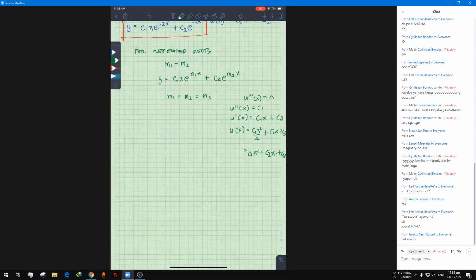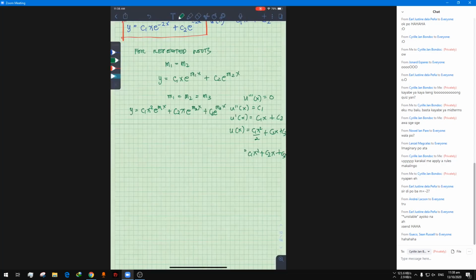So in short, magmumultiply lang tayo ng x. So C1 x squared e raised to m1 x plus C2 x e raised to m2 x and plus C3 e raised to m3 x.